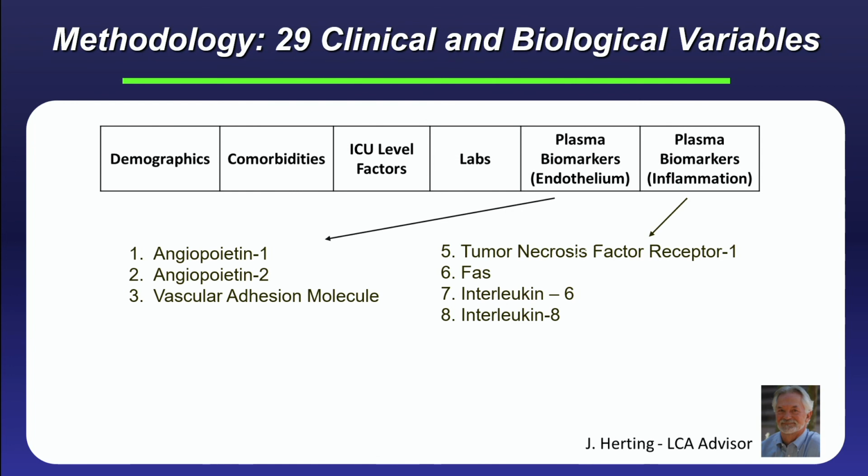The variables we included were common demographics, as well as comorbidities such as chronic kidney disease, as well as others. ICU level factors, such as if they are mechanically ventilated or on vasopressors, and then clinical variables, so common laboratory variables we get in the lab. And then we also looked at 2 sets of research biomarkers.